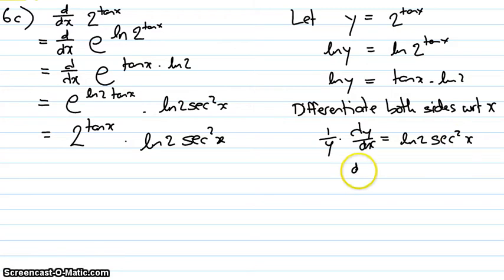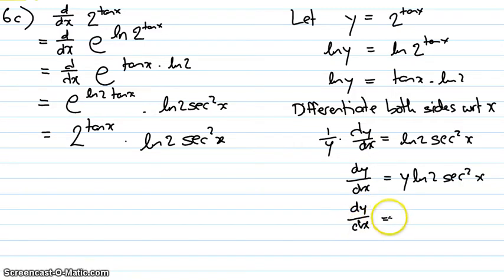So that means dy by dx is equal to y ln 2 secant squared x, but I know what y is. So dy by dx is equal to 2 to the power of tangent x ln 2 secant squared x. Again, two ways to get to the same answer. That brings us to the end of 6c.